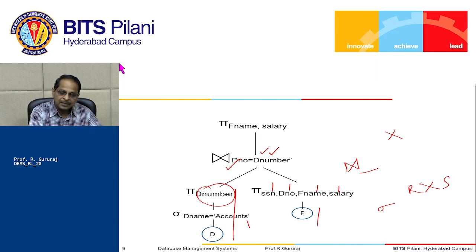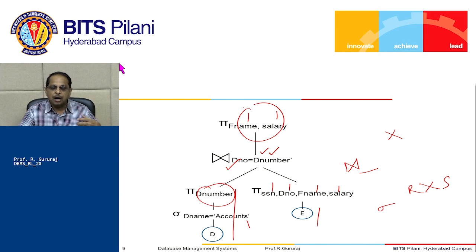From this intermediate result, I will pick up only F name and salary into the final result. So this is the root of the query tree. When I execute the operator available at the root, the final result of the query is available for the user. This is how query optimization is done, and an initial query tree can be optimized by replacing or changing the order of certain operations.